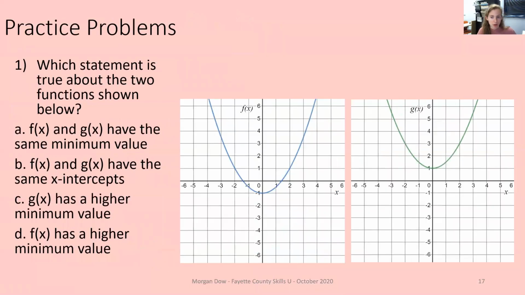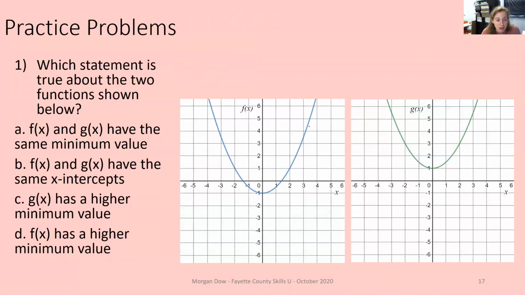All right, so we're going to do a few more practice problems before we wrap it up for today. Number 1, which statement is true about the 2 functions shown below or to the right? All right, so I look at my functions, I see it's 2 graphs. One of these functions is called f of x and the other one is called g of x.